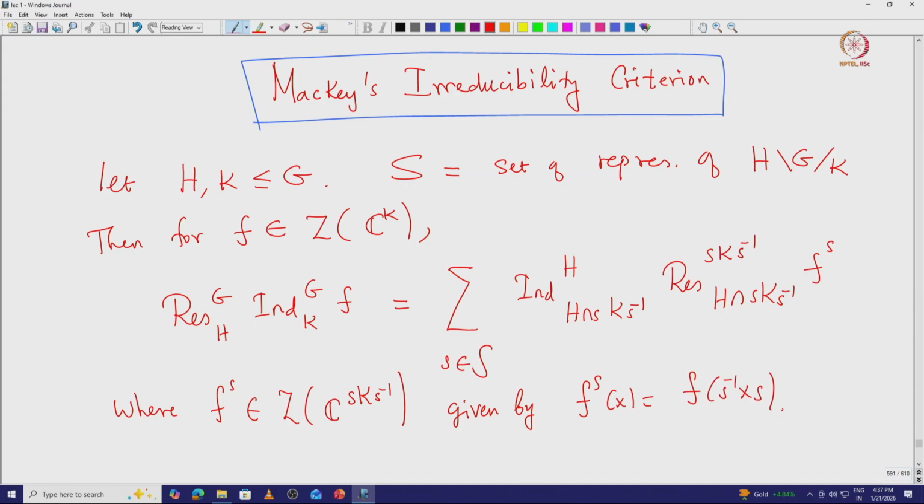This is given by the conjugation. So, this is what we proved in the last class.